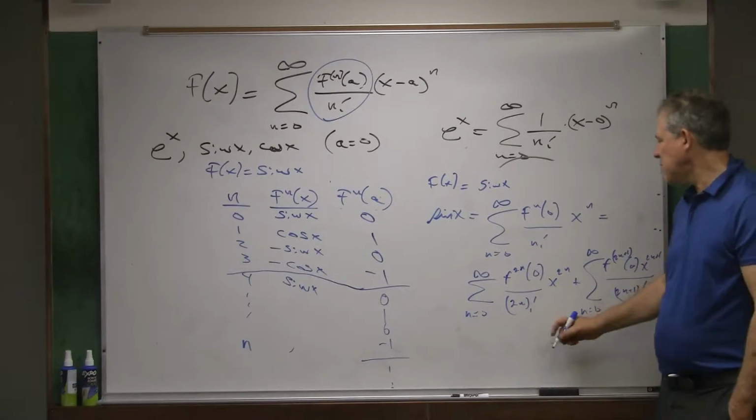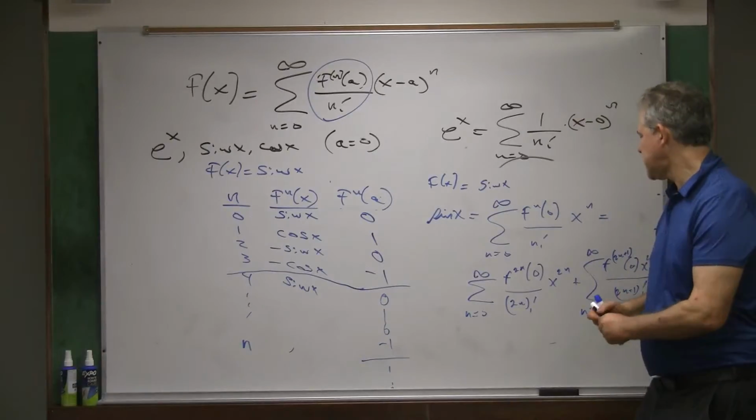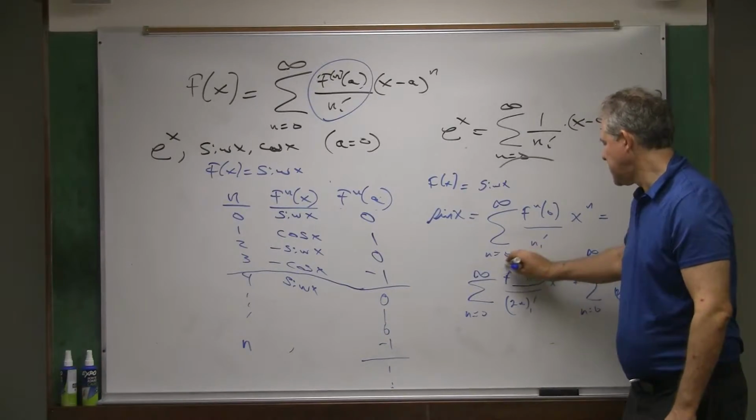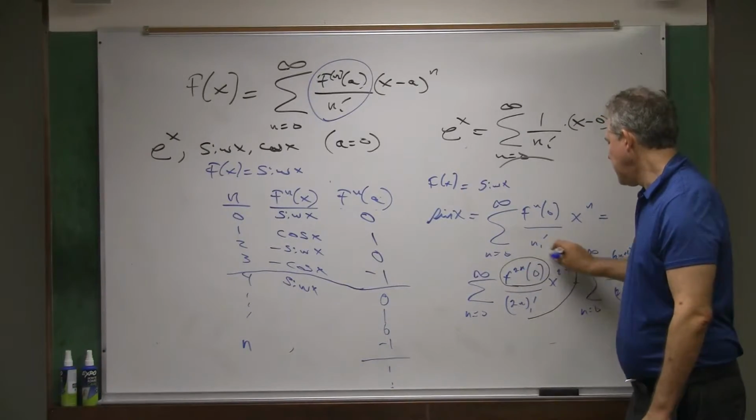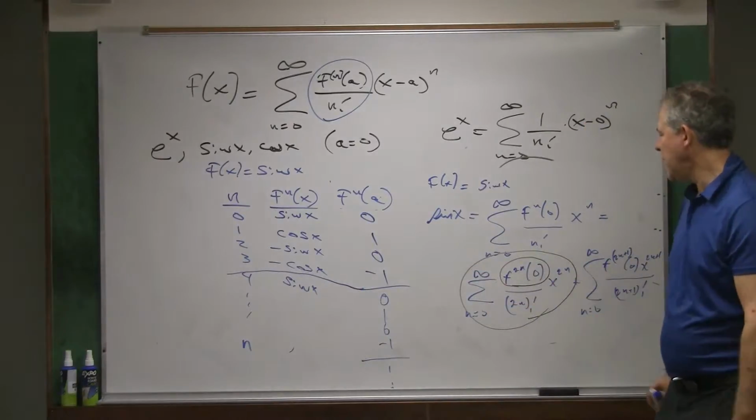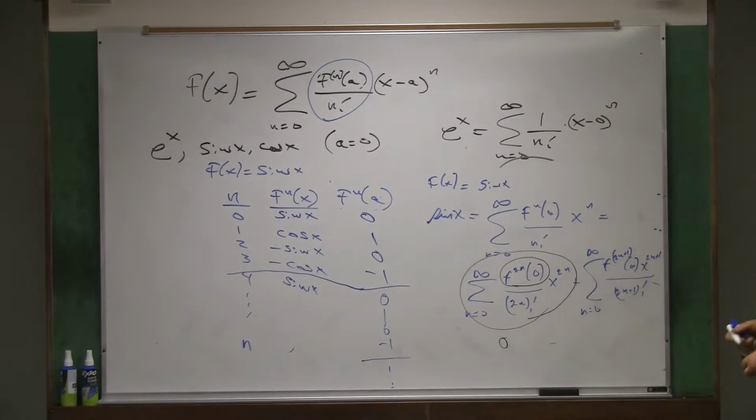Now these all are eliminated, right? All of these are 0. So all of these fall away. So what are we left with? The odds. And what is the common expression for the general odd term? It's either going to be a 1 or a negative 1. It's alternating.